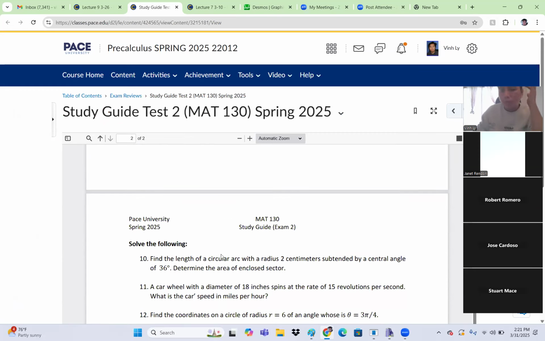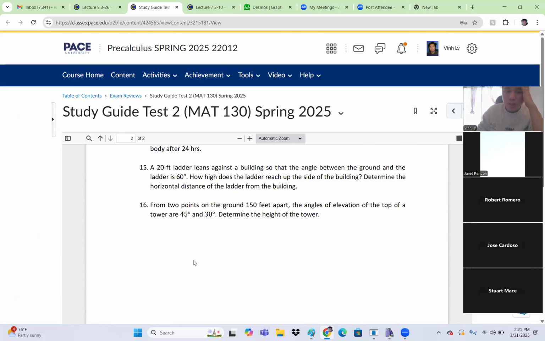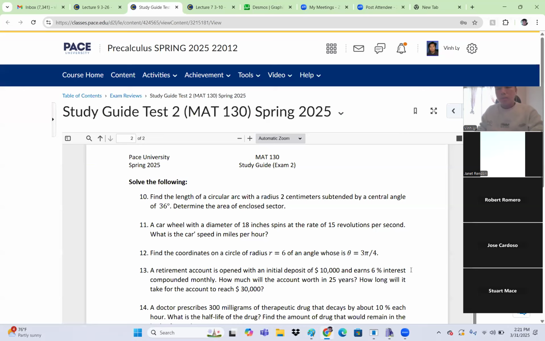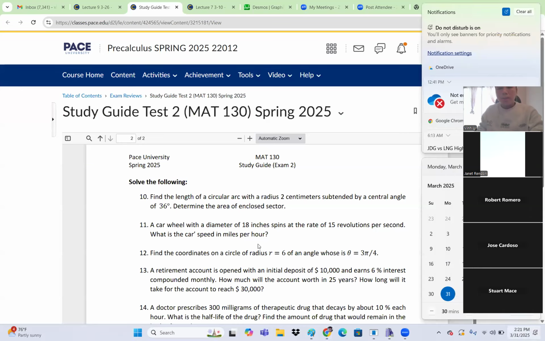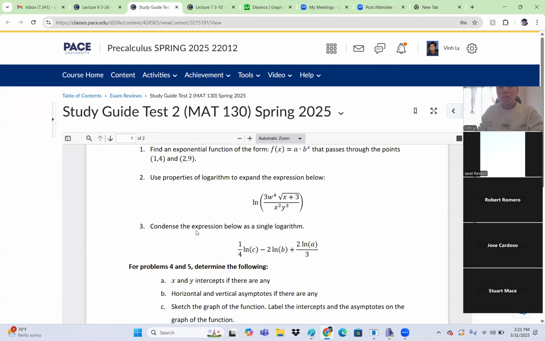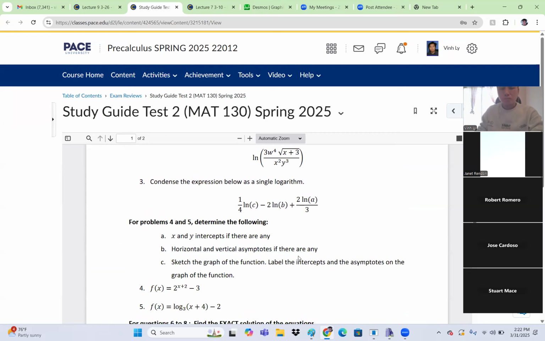So most of these questions, 10, 12, like 15, 16, we did last Wednesday. Also question number 9 as well. We did that. Make sure you go over those questions on the exams. 1 and 2 are very similar to questions that we did.